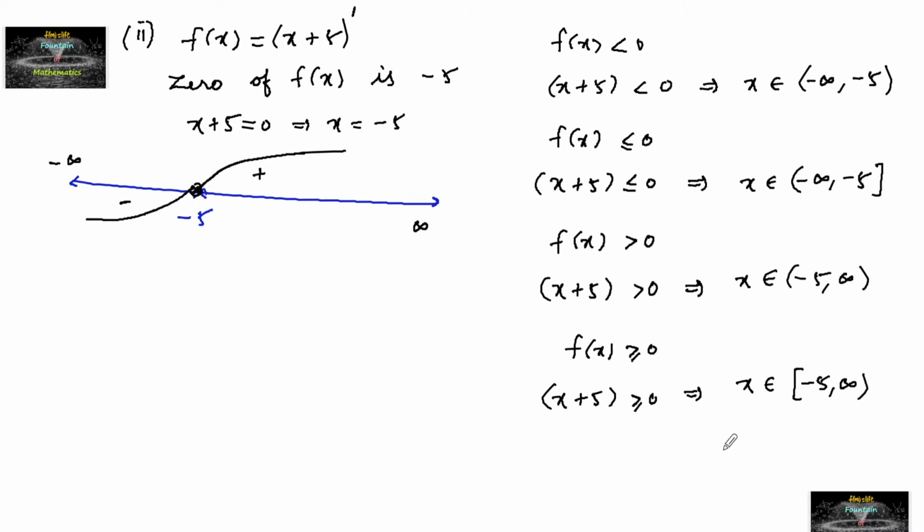Let's see another kind of example. p of x is equal to x minus 3 upon x plus 2, which is in the form of f of x by g of x. So let us find the zeros.